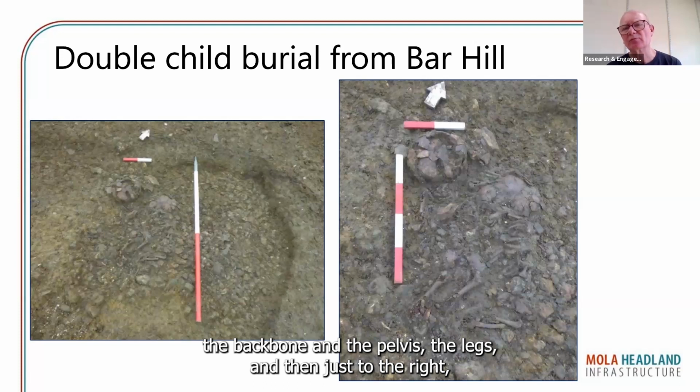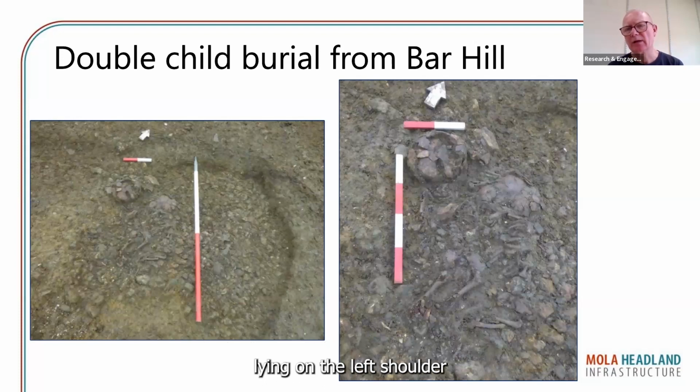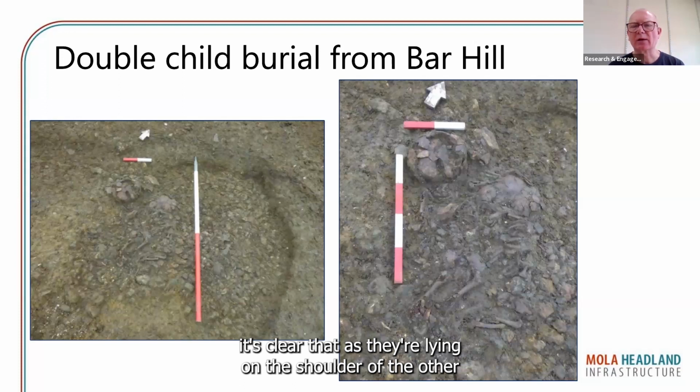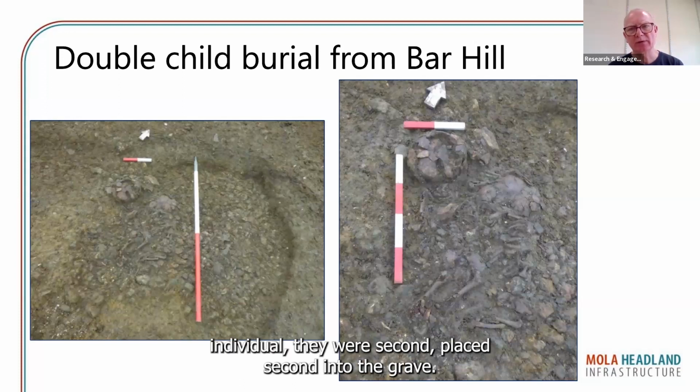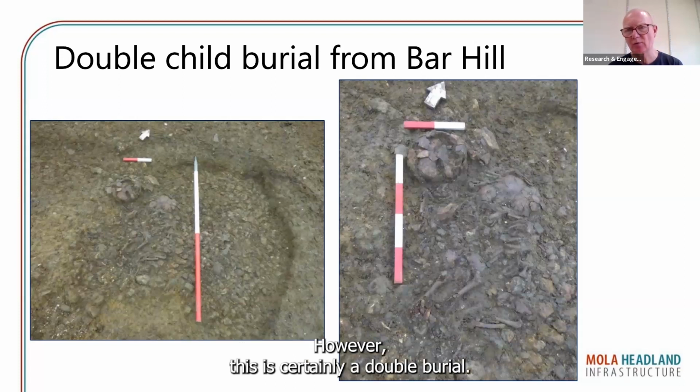Then just to the right, lying on the left shoulder of the first individual, is a younger child, aged about 7 to 11 months at death. It's clear that as they're lying on the shoulder of the other individual, they were placed second into the grave. However, this is certainly a double burial. Both individuals may have died at the same time.